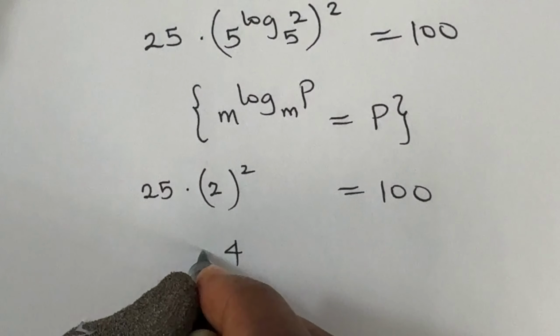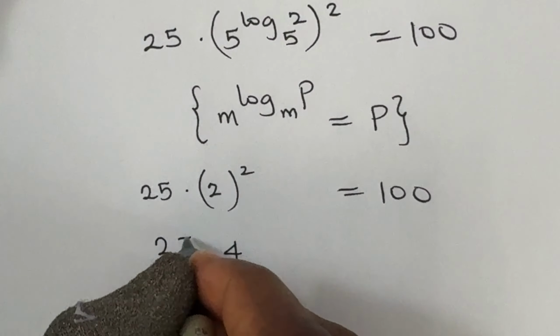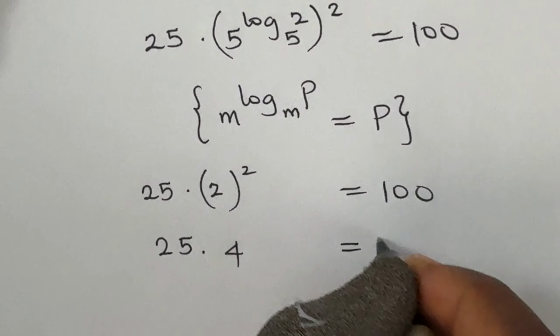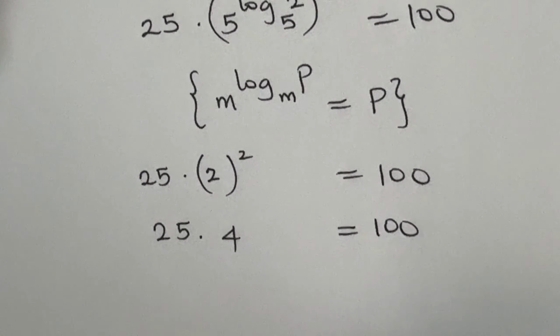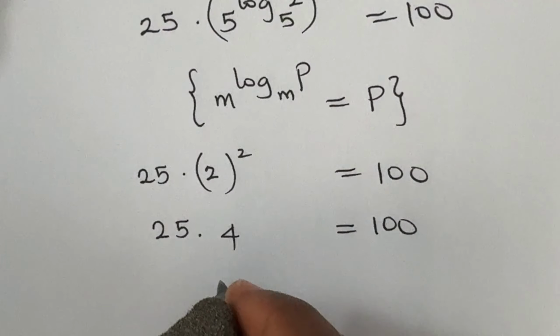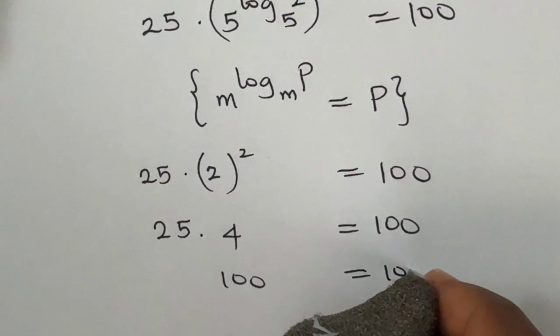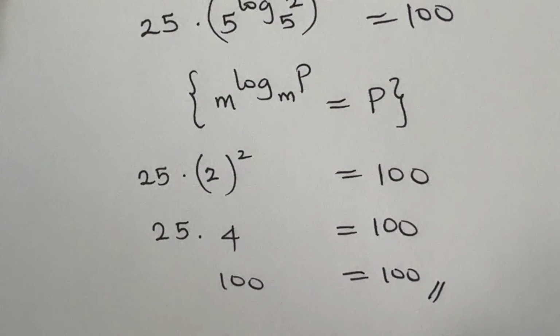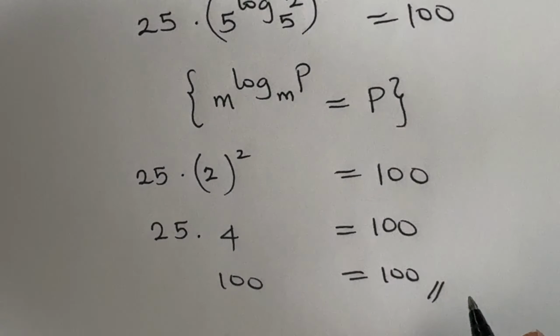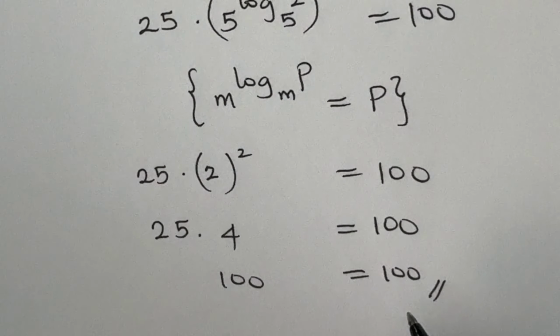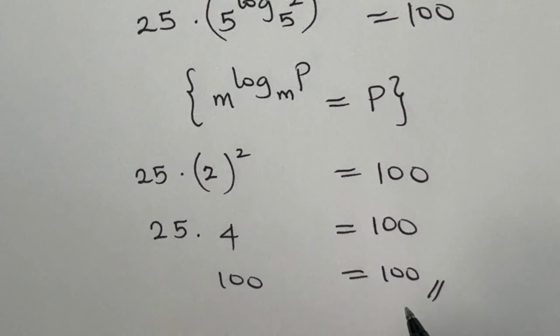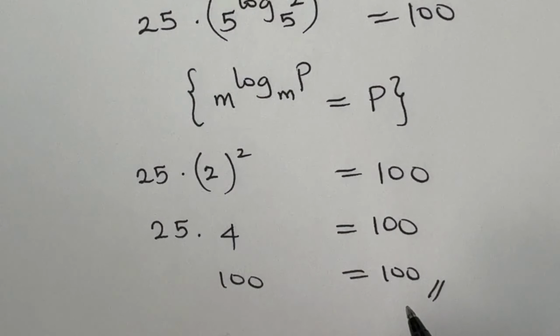So we have 4 times 25 to give us 100. And 4 times 25 or 25 times 4 is simply 100. Therefore, 100 on the left is equal to 100 on the right. And since the left-hand side balances the right-hand side, it confirms that our value for x is correct.